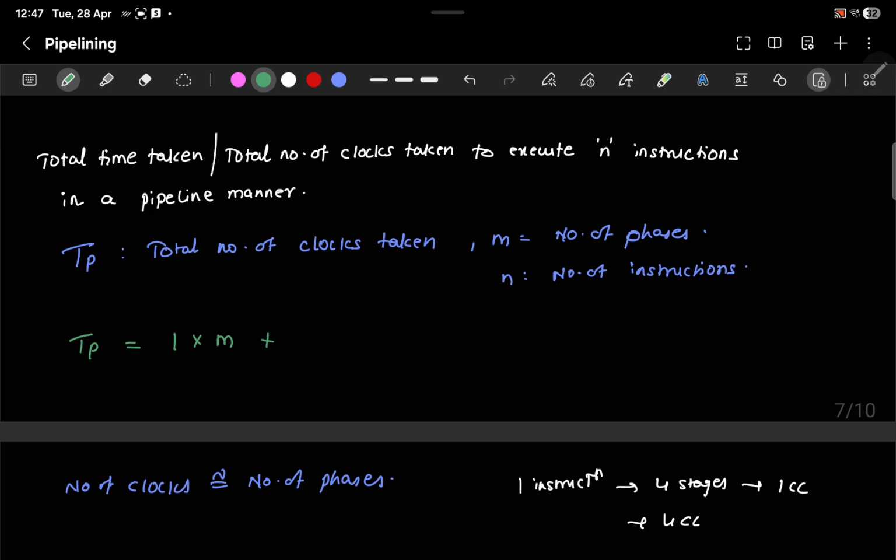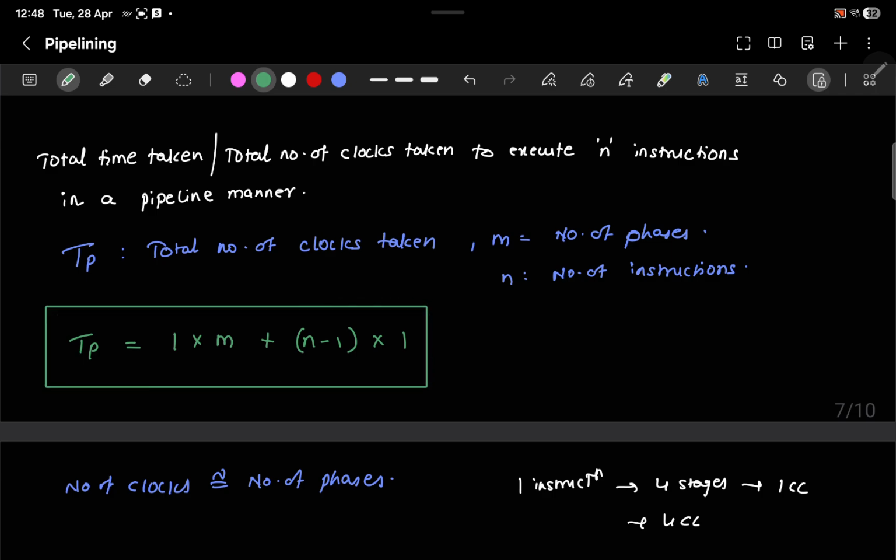After that, the remaining instructions will come out within one clock cycle each. The remaining instructions means n minus 1. So at the beginning, the first instruction will take m clock cycles. After that, the remaining n minus 1 instructions will take one clock cycle each. So this is the formula you can come up with.